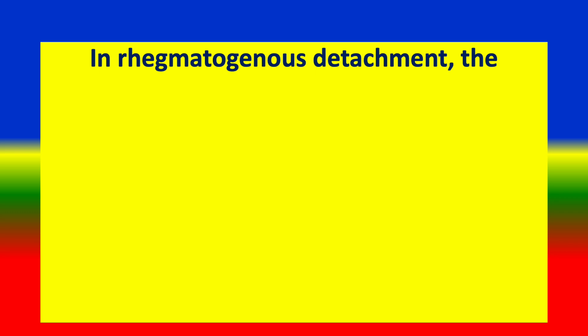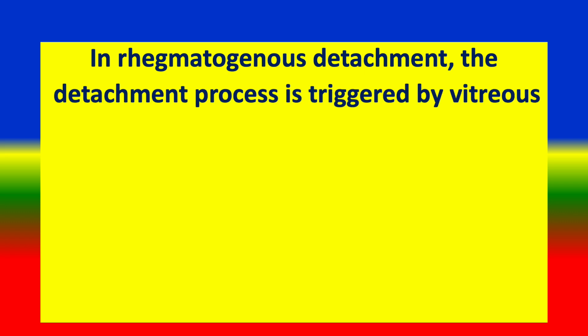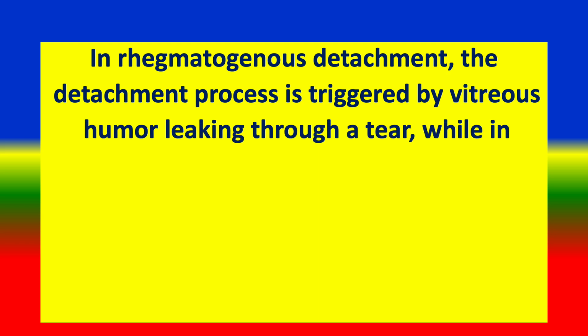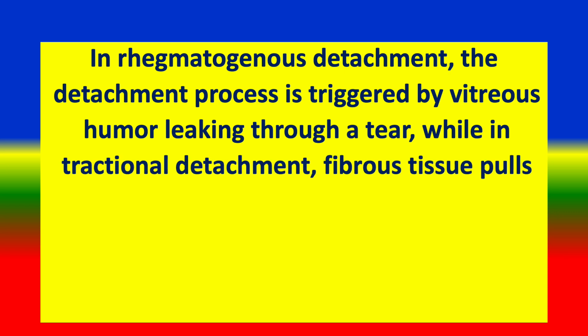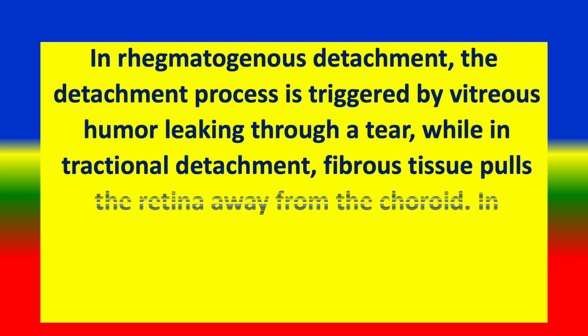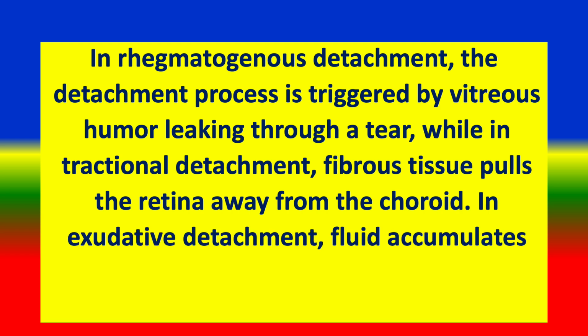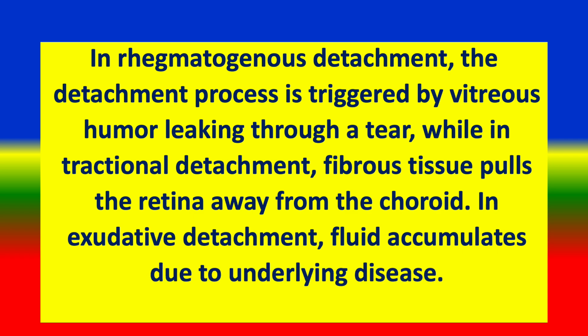In rhegmatogenous detachment, the process is triggered by vitreous fluid leaking through a tear, while in tractional detachment, fibrous tissue pulls the retina away from the choroid. In exudative detachment, fluid accumulates due to underlying disease.